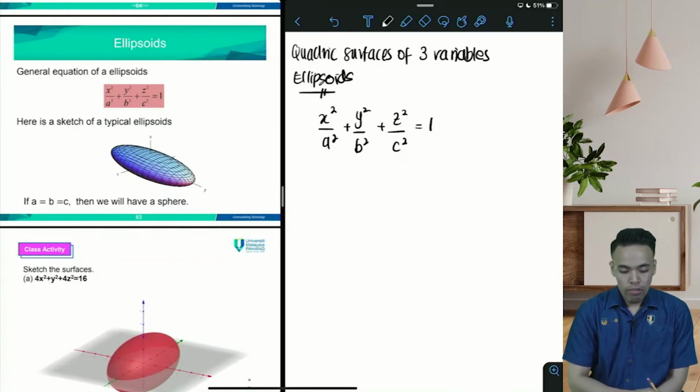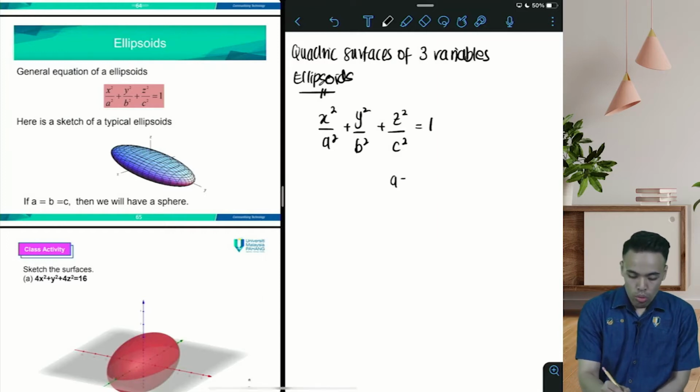When you are given this general equation, it represents an ellipsoid where the values of the denominators are not equal. If a is equal to b is equal to c, you will end up with a sphere instead.